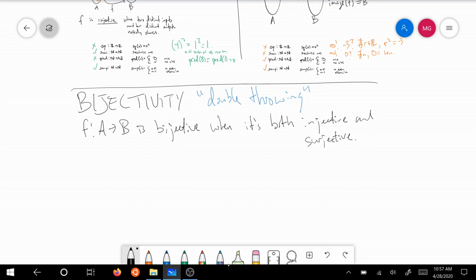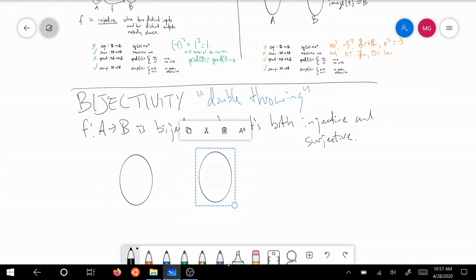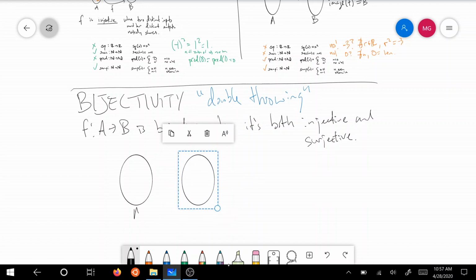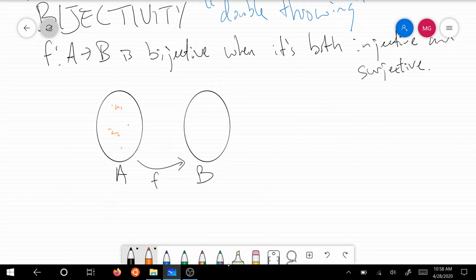Okay, let's do it diagrammatically. So what's going to happen? A1, A2. Let's zoom in a little so my handwriting is better.